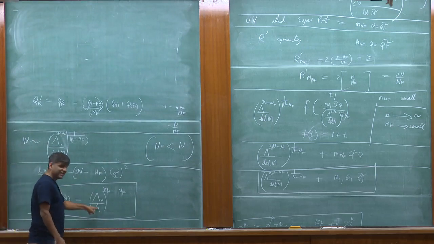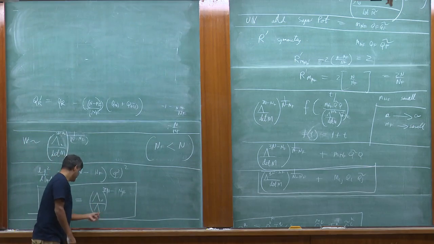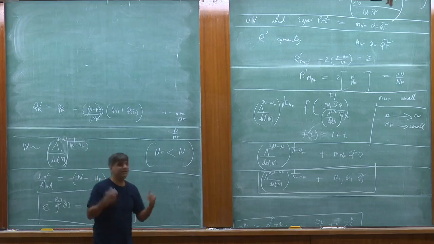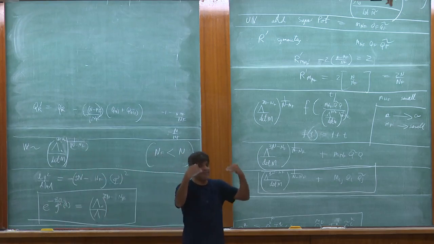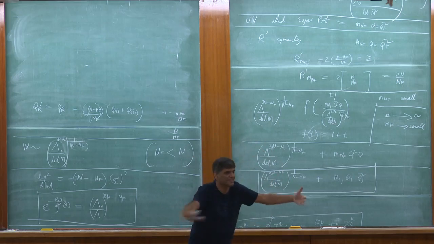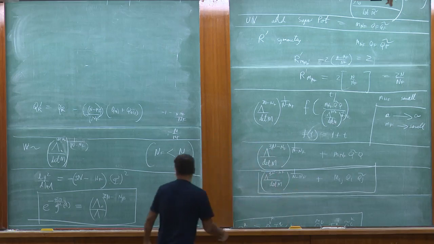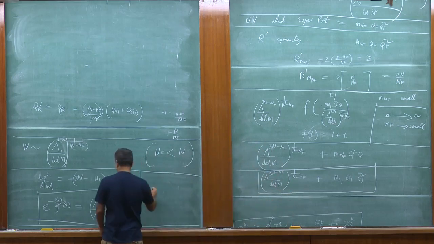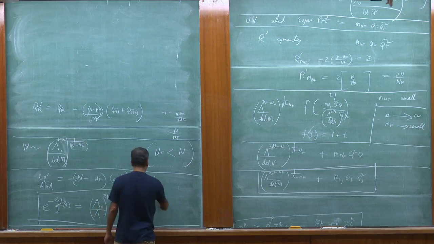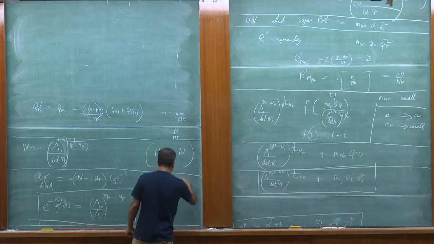So this quantity, when we put the scale equals m, from the lower side and the upper side should be the same, because the coupling constant should run continuously. And therefore the matching condition is that lambda by m to the power 3n minus nf should equal lambda tilde.